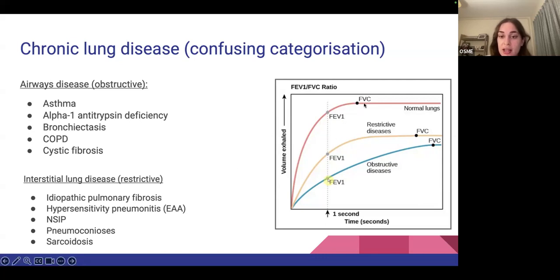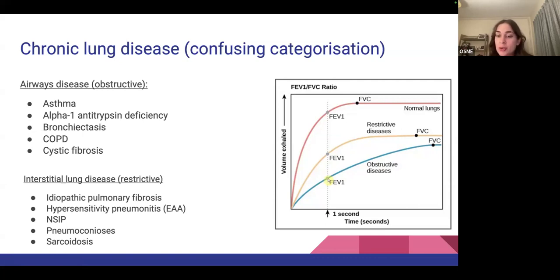And then the FVC is how much they manage to get out in the full duration of expiration. The normal ratio in, say, me or you would be about 0.7. And in restrictive diseases, this is broadly the same because although the FEV1 drops, the FVC also drops because they've got crunchy lungs that aren't able to expand or contract anymore.